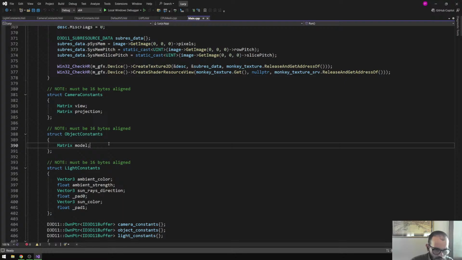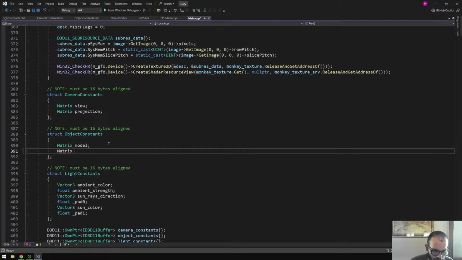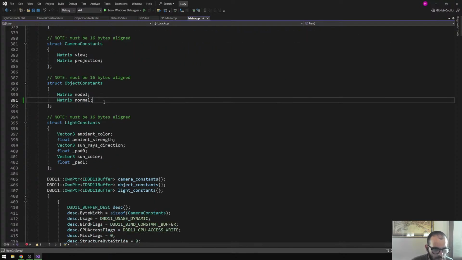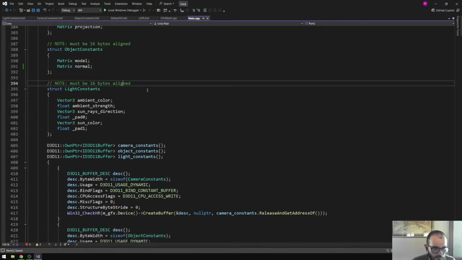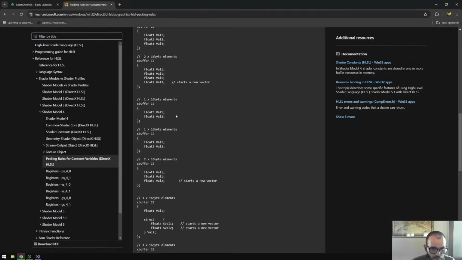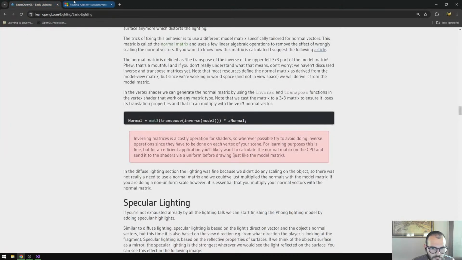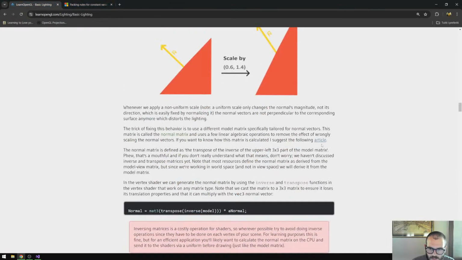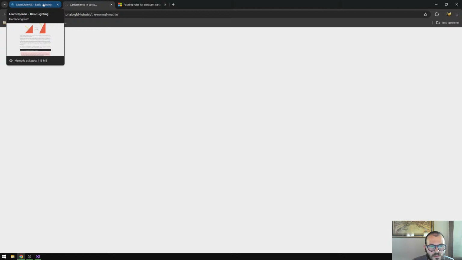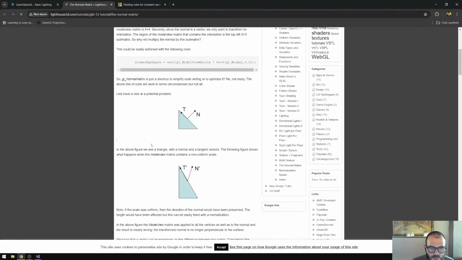Object constants matrix, and it's a normal matrix. And I should really learn about the normal matrix.